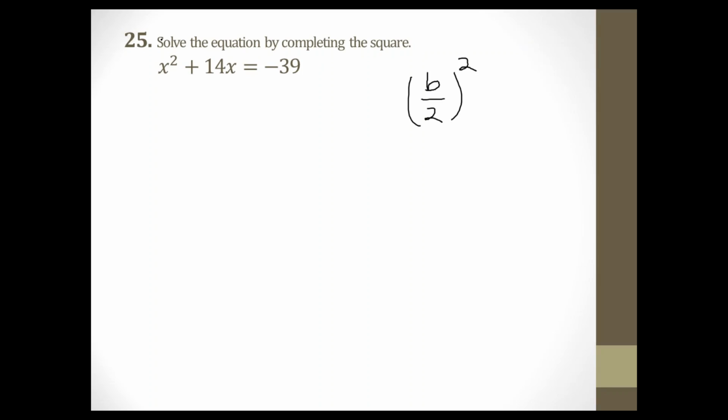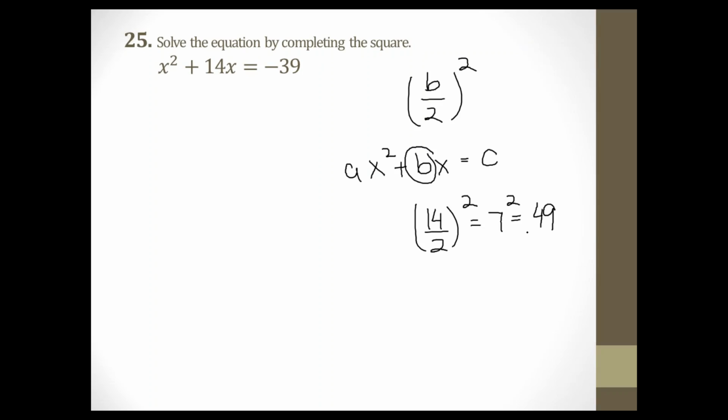My b, and this comes from the quadratic equation in standard form, which is ax squared plus bx equals c, and right there in front of the x term, that will be my b. So in this case, 14. Plugging in 14 for my b into this formula, and I will get 14 divided by 2 is 7 squared, and then 7 squared is 49.